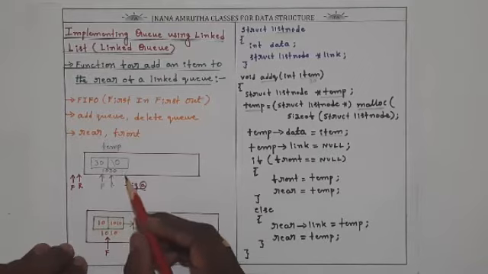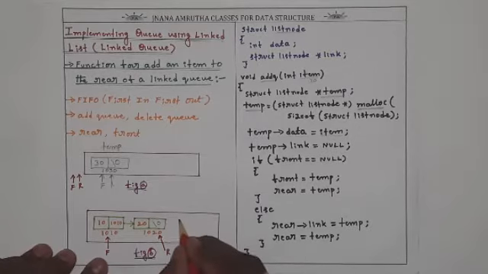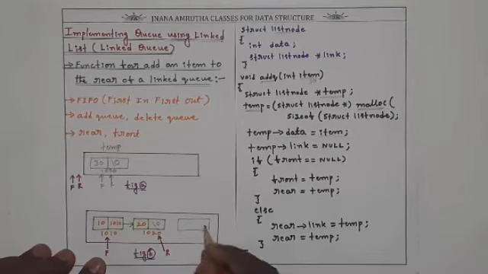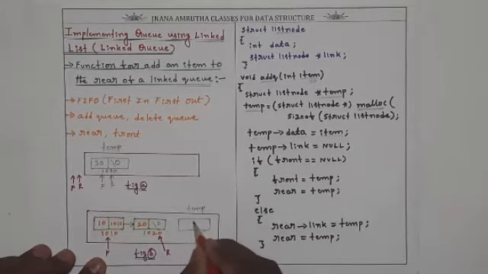Next we'll consider when the queue is in the non-empty condition. Here also the same process. First we need to obtain the node by using the malloc function, and its name is temporary node or temp node.